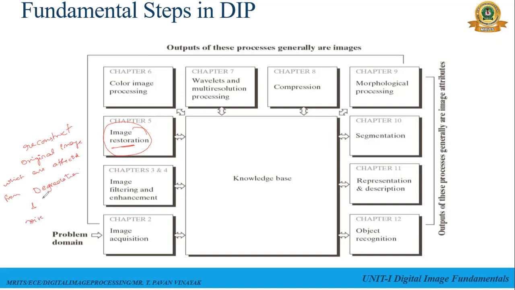What is the difference between degradation and noise? Simple. Noise means whenever the image is transmitted from one place to another, due to external factors the image may be affected. That unwanted signal is known as noise.